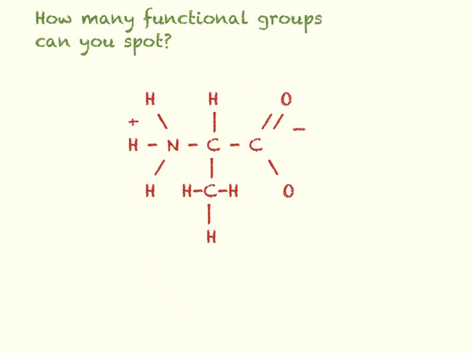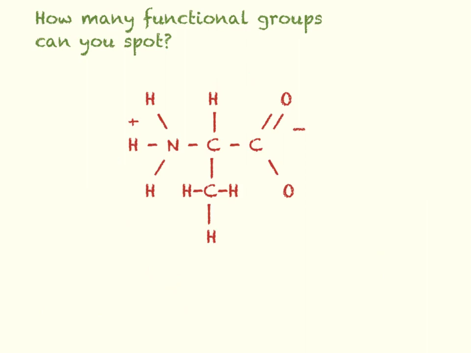Instead of trying to fathom the overall structure of a biomolecule, because some of these are going to be huge macromolecules, you should immediately train yourself, or start right now to train yourself, to try and spot functional groups instead. Break these molecules up into these groups that are each responsible for doing things.